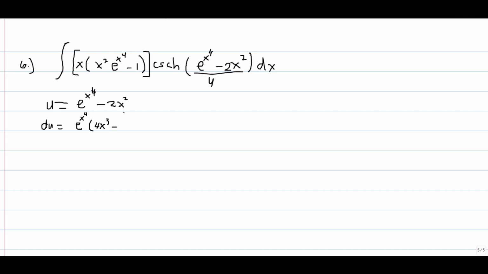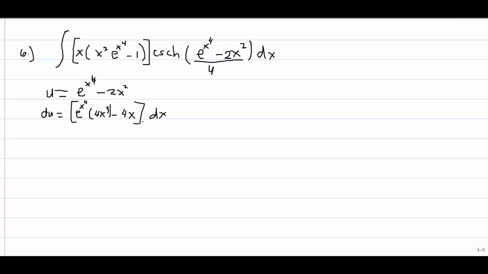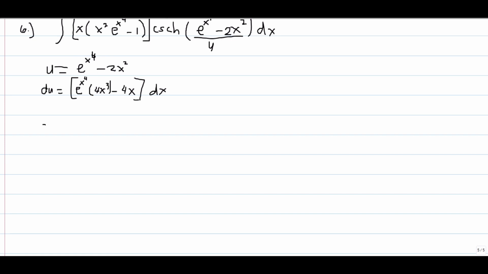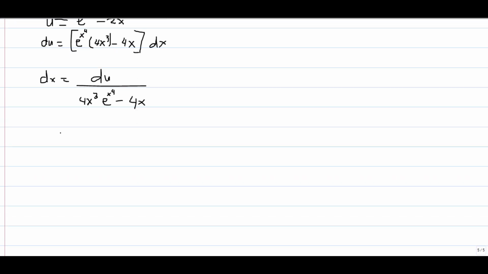Then the derivative of 2x squared is 4x. Then we have dx. Then dx equals du over 4x cubed e to the power x to the fourth, then minus 4x.